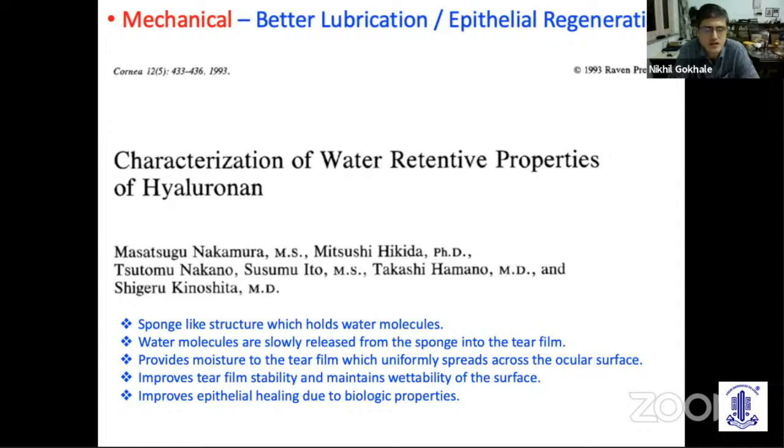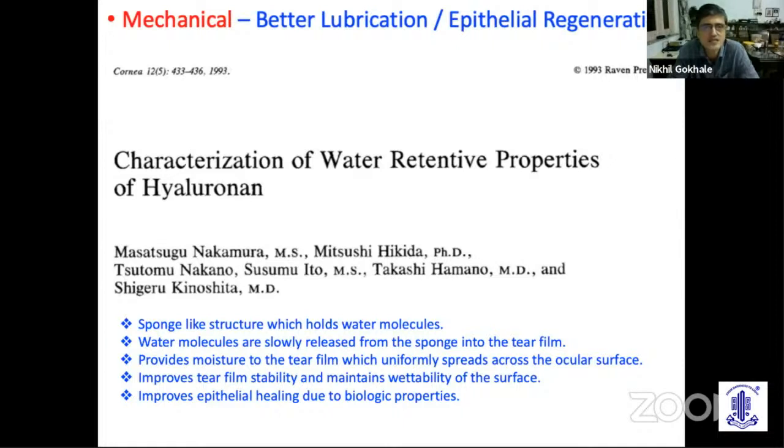And this moisturization uniformly spreads across the ocular surface and helps to maintain and preserve the ocular surface epithelium. So by improving the tear film stability and maintaining the wettability of the surface, it also helps to improve epithelial healing due to its biologic properties. So it has a protective effect by creating a healthy tear film for a few hours following instillation.